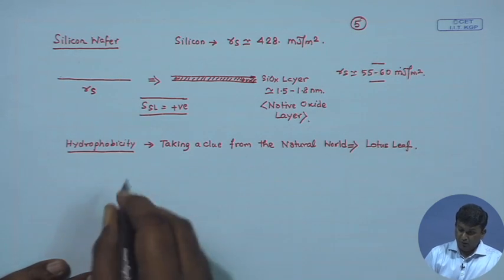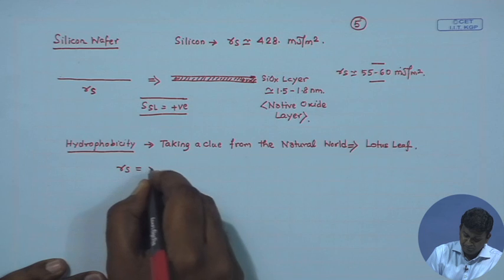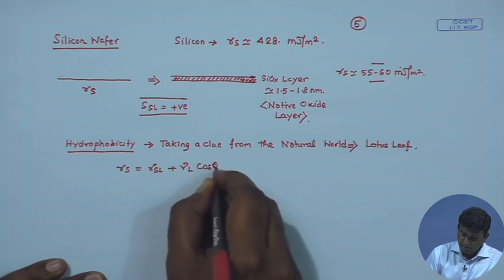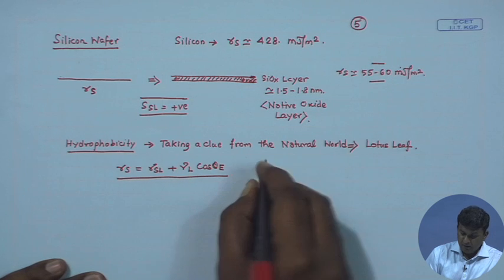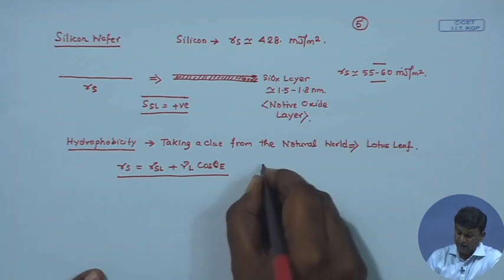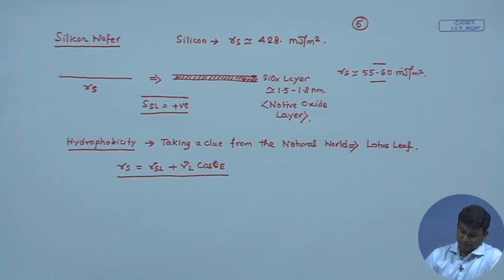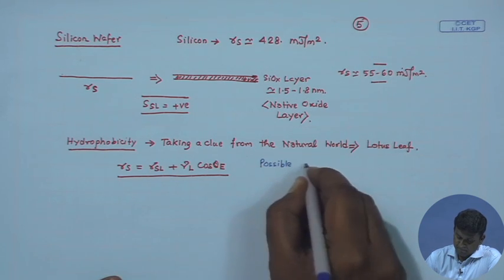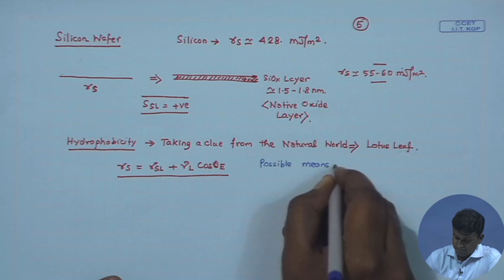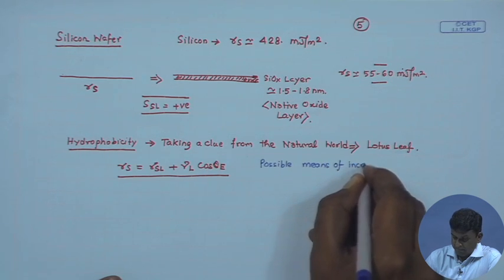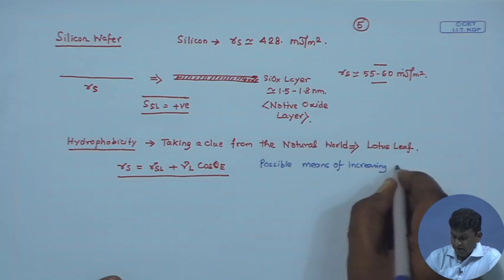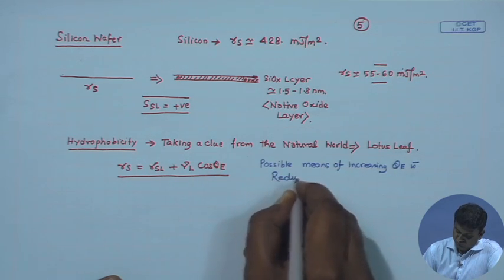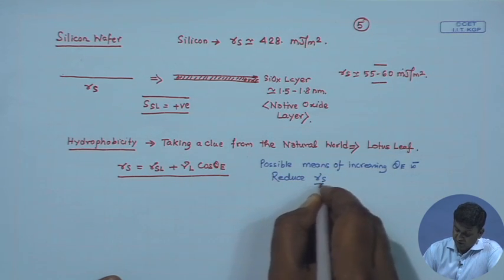So, from the Young's equation, we already know that one of the ways of increasing theta e is to reduce gamma s.